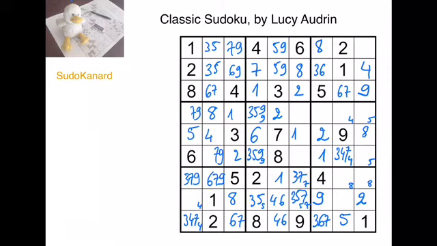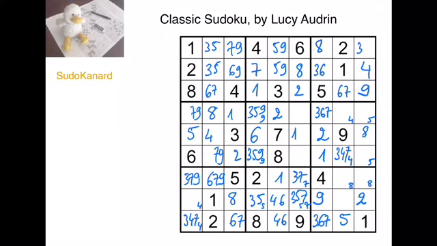This is 3, 6, or 7. Well, that was some sort of breakthrough, but it's not finished.